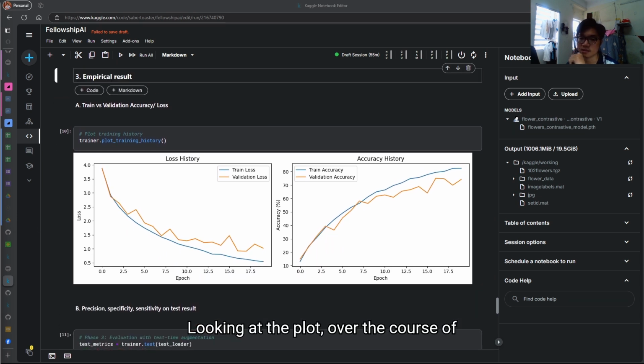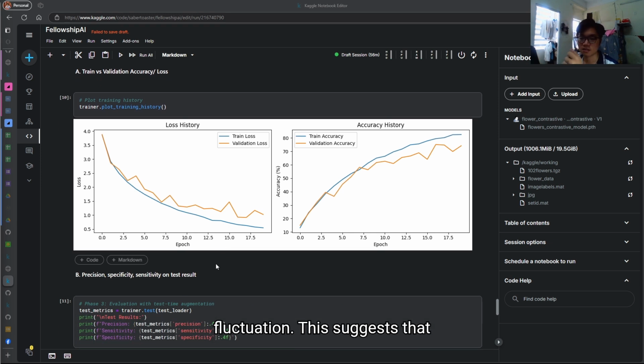Looking at the plot over the course of 20 epochs, both the loss and accuracy curves show clear convergence patterns. But there's a growing gap between training and validation accuracies after the epoch ends. The validation loss also stays higher than the training loss and shows more fluctuation. This suggests that the model may be mildly overfitting, but not severely, since validation metrics continue to improve after that.